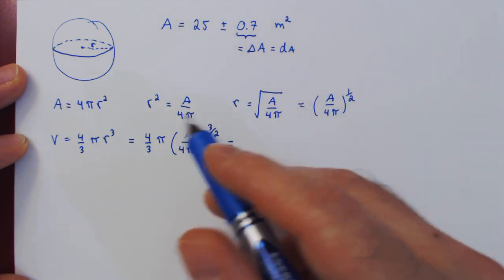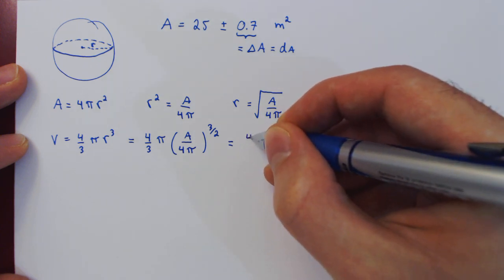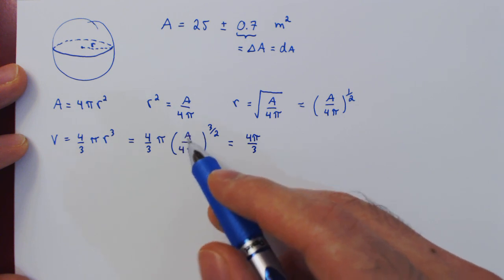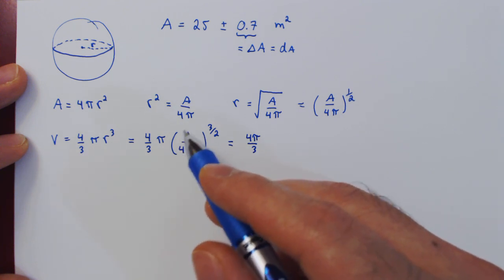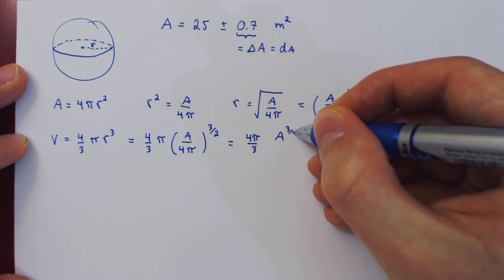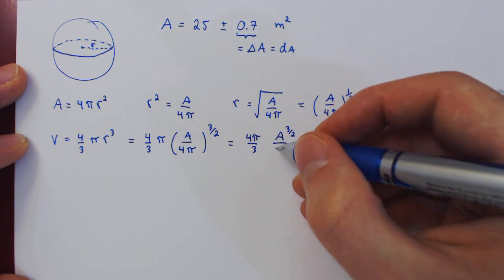And before doing anything else, let's simplify this if we can. So we have 4 pi over 3. And now let's break up A and 4 pi. So we have A to the power 3 over 2 over 4 pi to the power of 3 over 2.